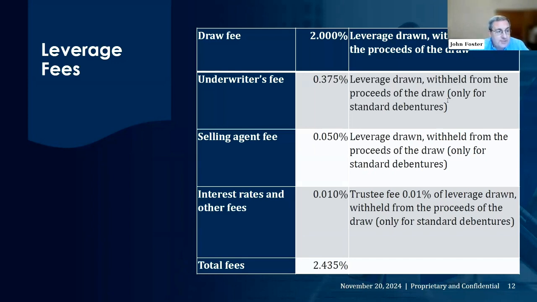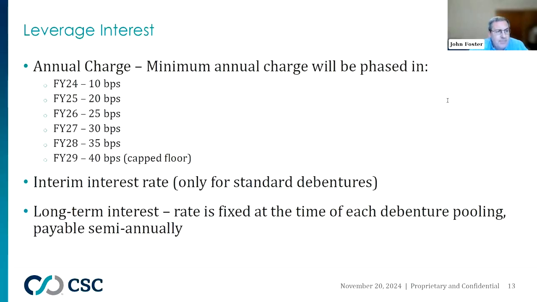If we go to the next slide, this is what most people think of as the interest component. And the interest component actually has 2 different pieces. The first piece is a minimum annual charge.